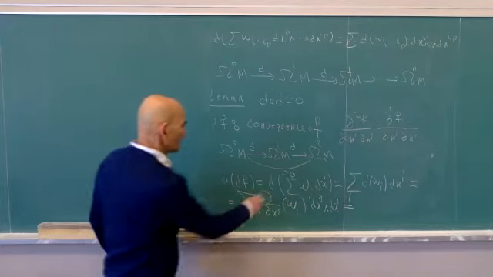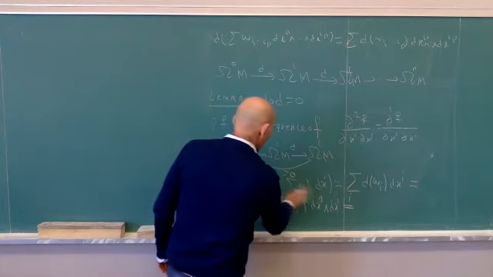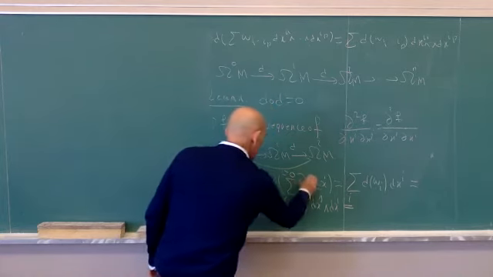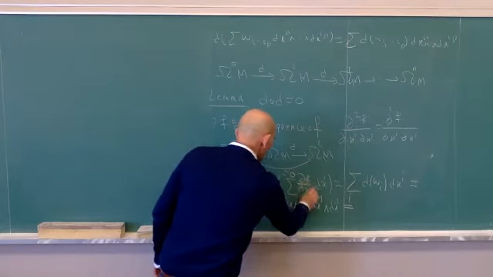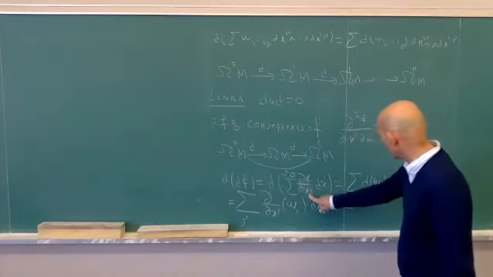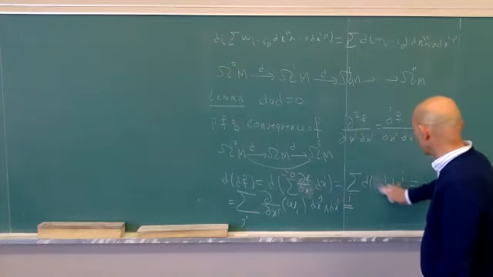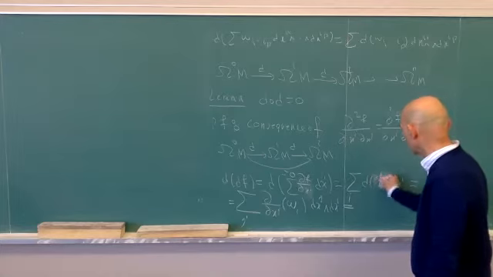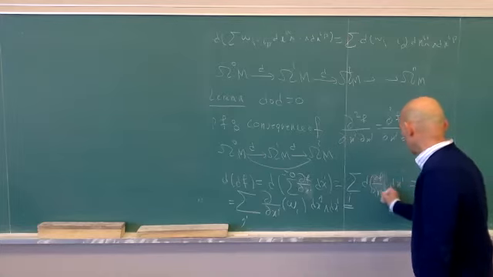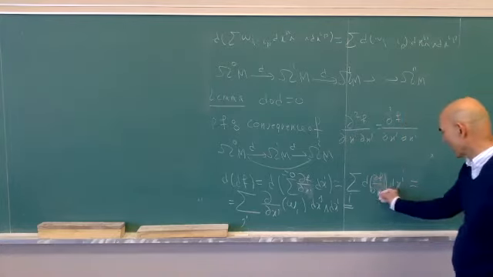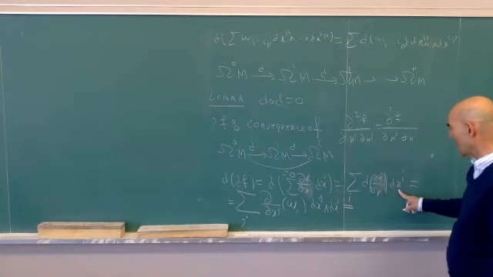Oh gosh, there's a mistake here. This is just df over dxi. This is not an arbitrary one form, it's a differential of a function. So this is d of df. You didn't complain. I'm surprised. Maybe you noticed, but you're just too polite. That's good. df over dxi dxi.